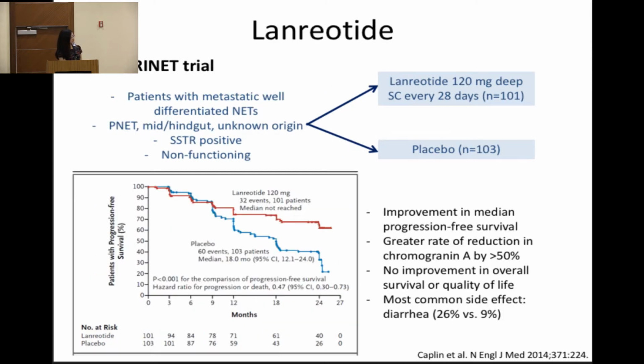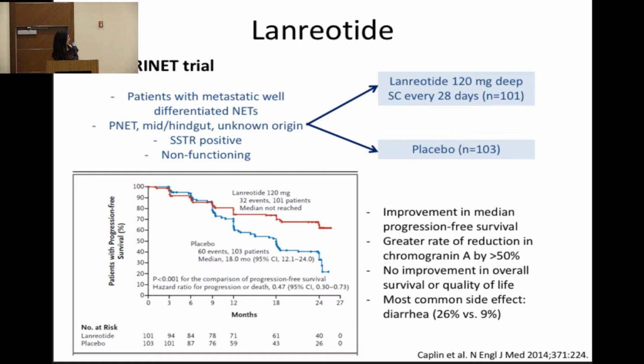Lanreotide was the other trial, the CLARINET trial, in which they took patients with PNET, midgut, hindgut, as well as unknown primary, and patients had to have positivity on the Octreoscan to enroll. Again, this showed benefit in terms of progression-free survival, as you can see by these curves. Let me just explain.